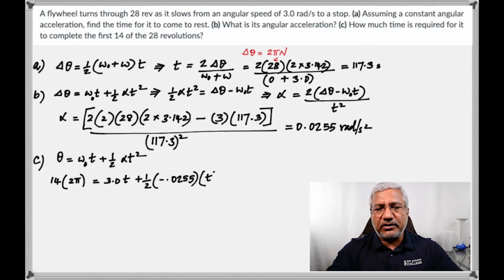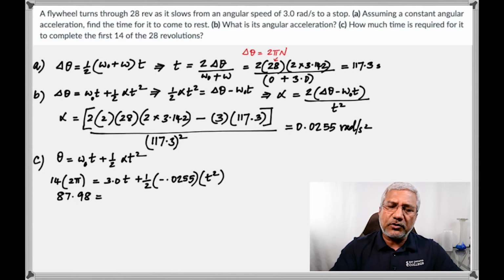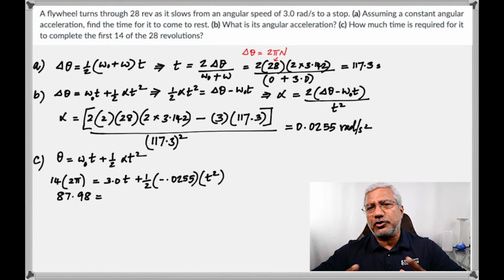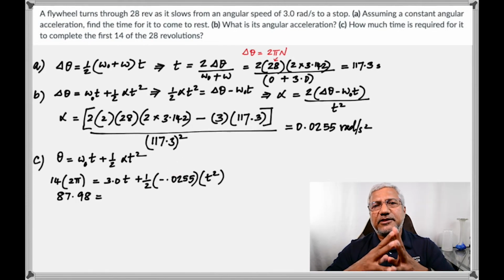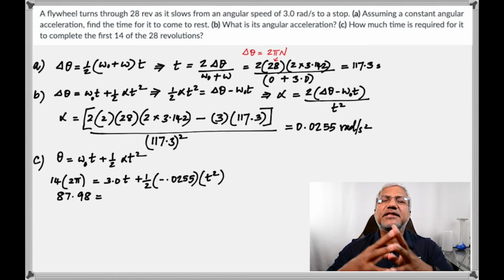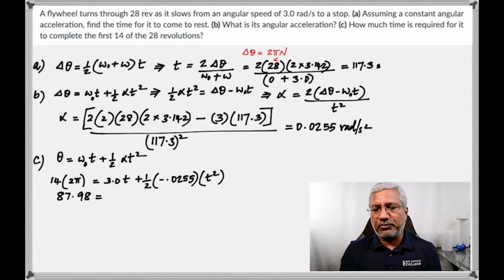The initial angular speed was 3.0, so that's where I have the 3.0. And since we're looking for time, t is the unknown. And also notice that I put a negative with this because for sure we know alpha is a deceleration. It's slowing down. That's why I put a negative there.